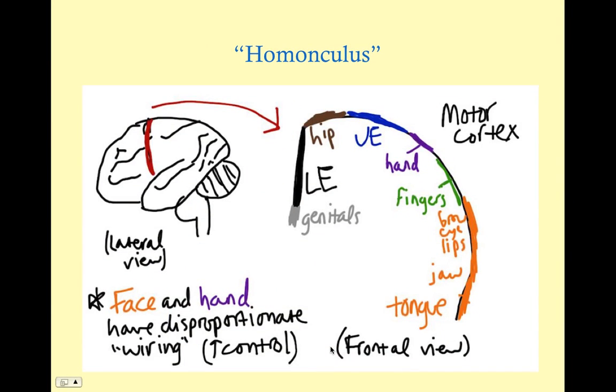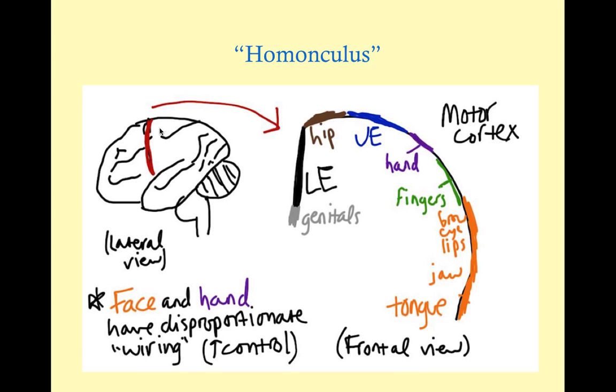Okay, so when you're looking at the brain, there are a couple landmarks. And while I don't have a brain here to show you, there's a central sulcus, which is a very deep sulcus right between the frontal and the parietal lobes. That landmark is important because in front of it is going to be your motor cortex, and behind it is going to be your sensory cortex.